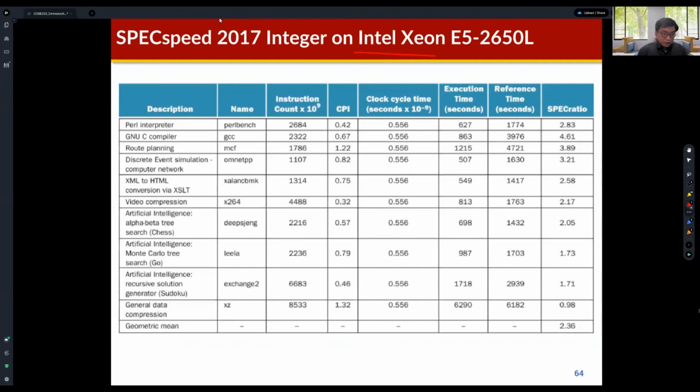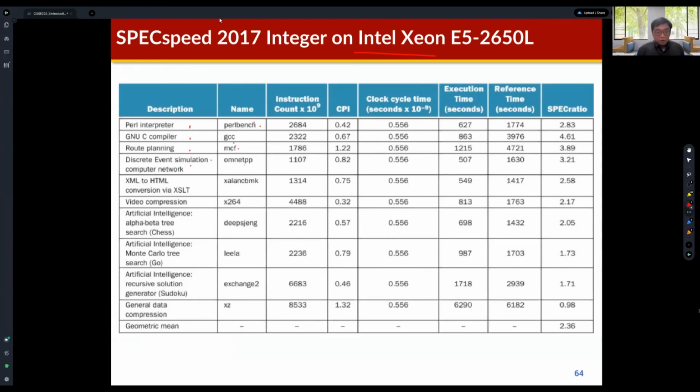As you can see, every row represents an application. This is the application name, like Perl bench. Then you can find the description of this benchmark name, then GCC, MCF, and so on.